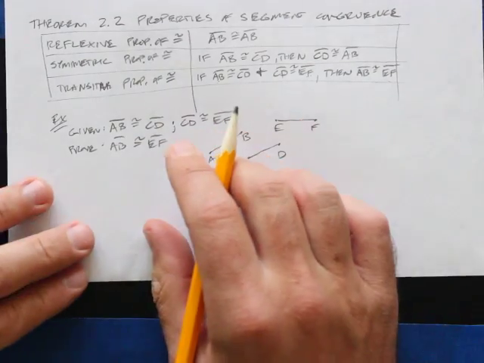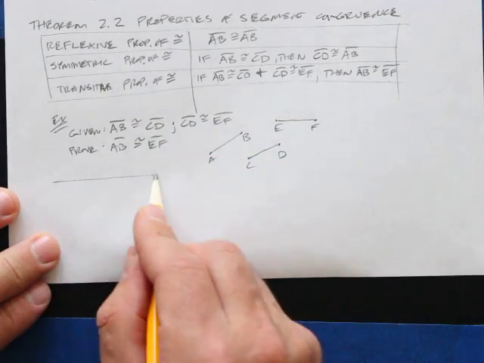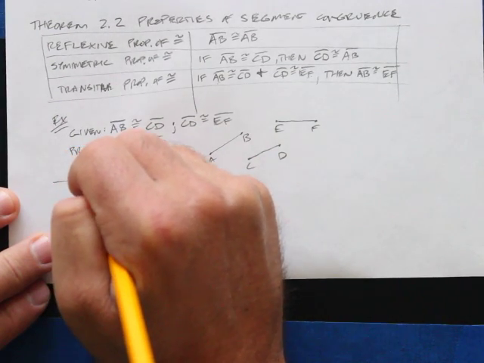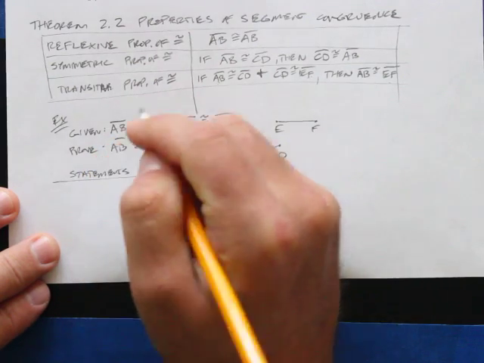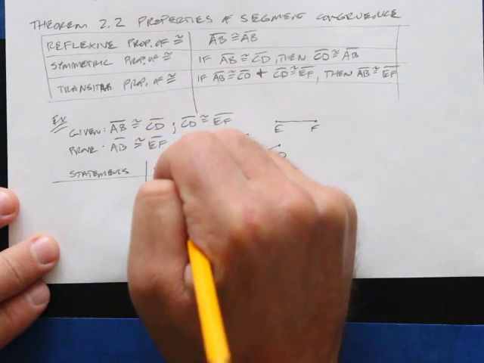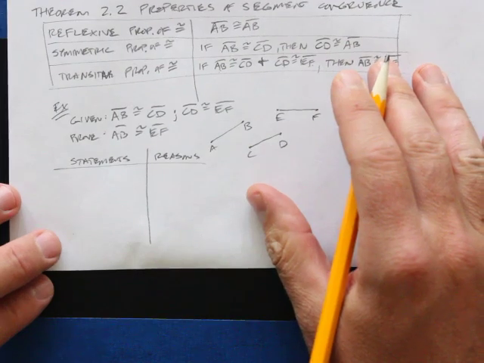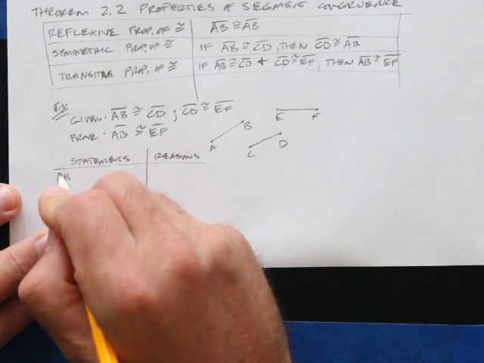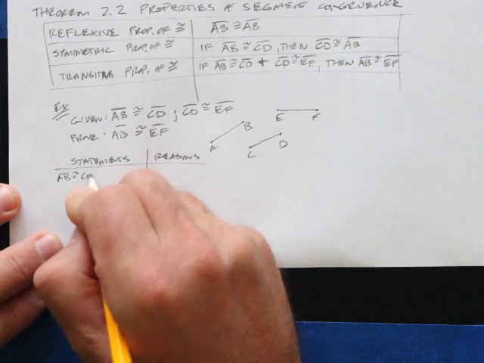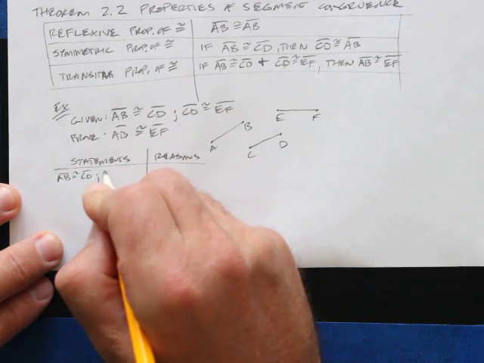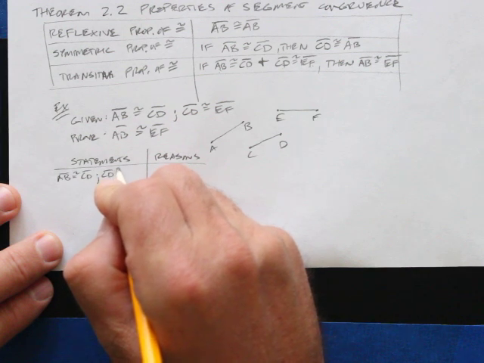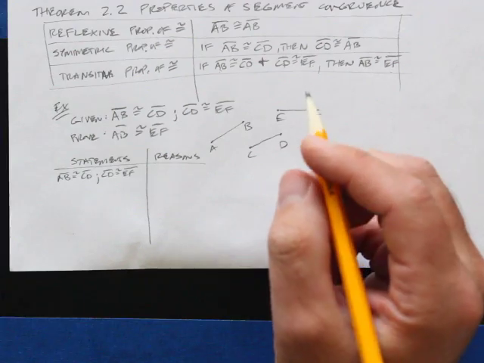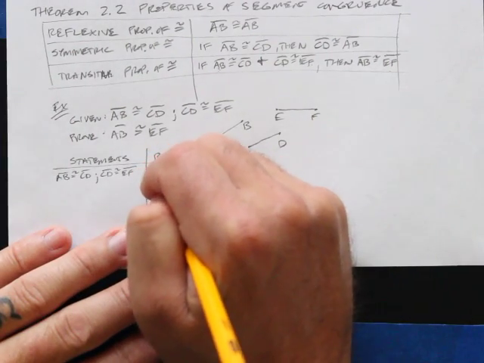So if I was going to write a two-column proof for this, I got my statements and my reasons, and I would write down my given. Segment AB is congruent to segment CD and segment CD is congruent to segment EF. And this would be given.